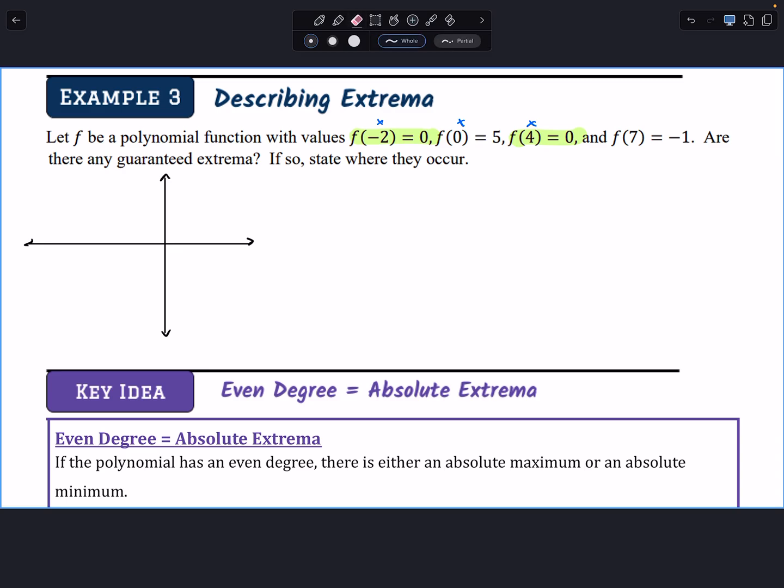Actually, I'm going to make it go farther. So (-2, 0) maybe looks something like that. (4, 0) maybe looks something like that. (0, 5) is up there.